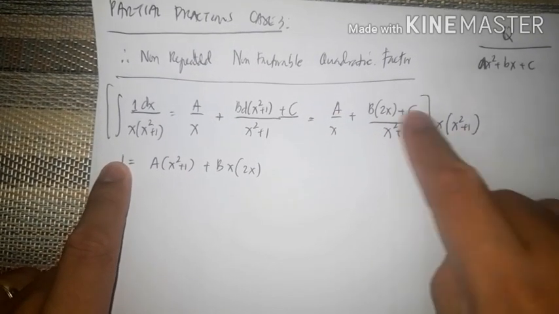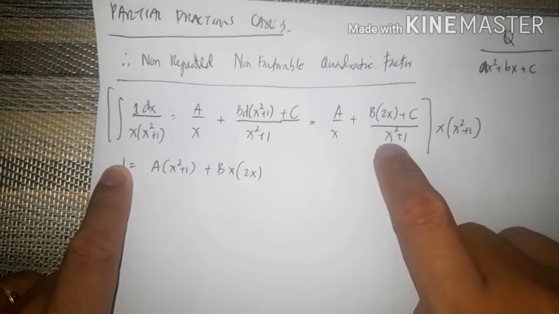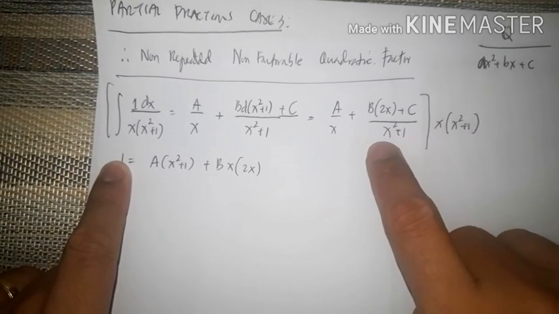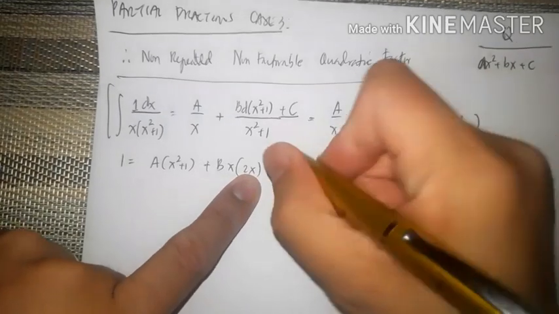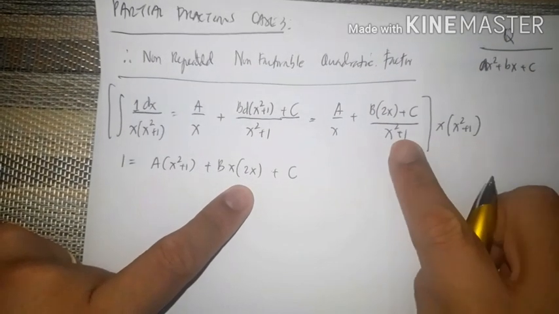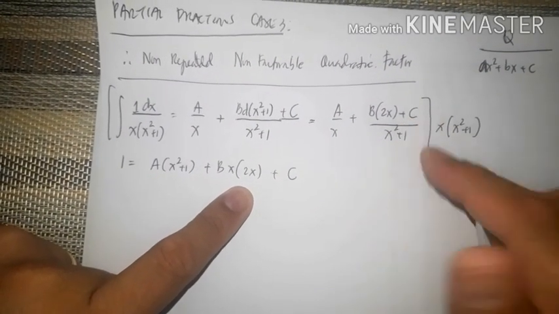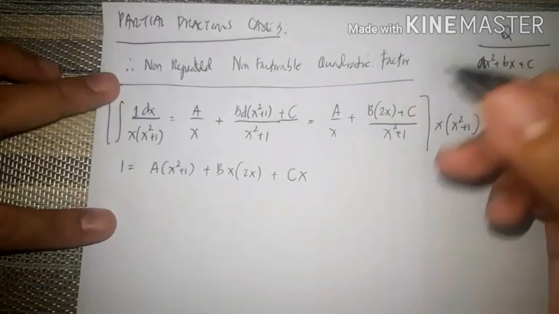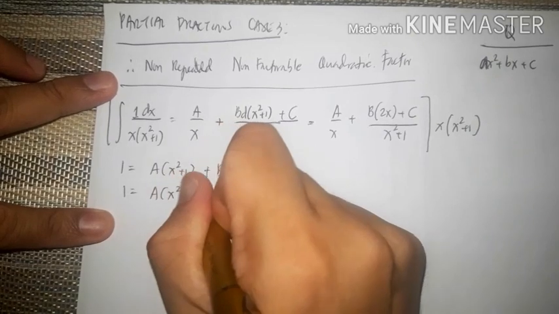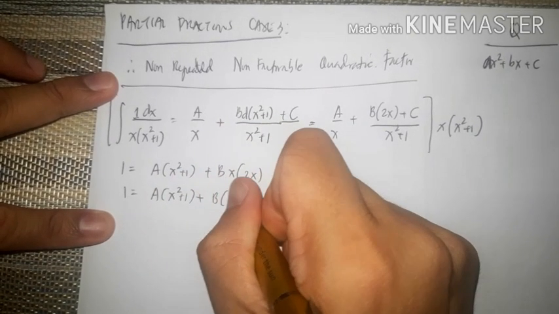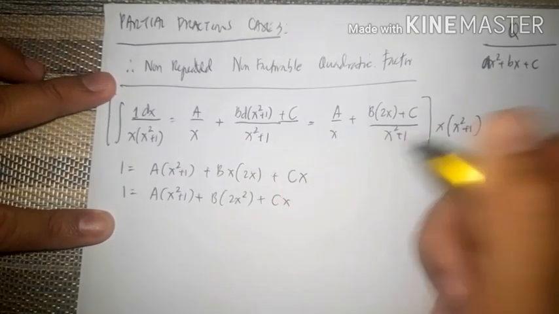So, may matitirang x squared plus 1 multiplied by a. And then, this multiplied by that x squared plus 1 cancels out. May matitirang x multiplied by that 2x plus c. This and that cancels out. May matitirang x times c is cx. So, this one is equal to a times x squared plus 1 plus b multiplied by 2x squared plus cx.